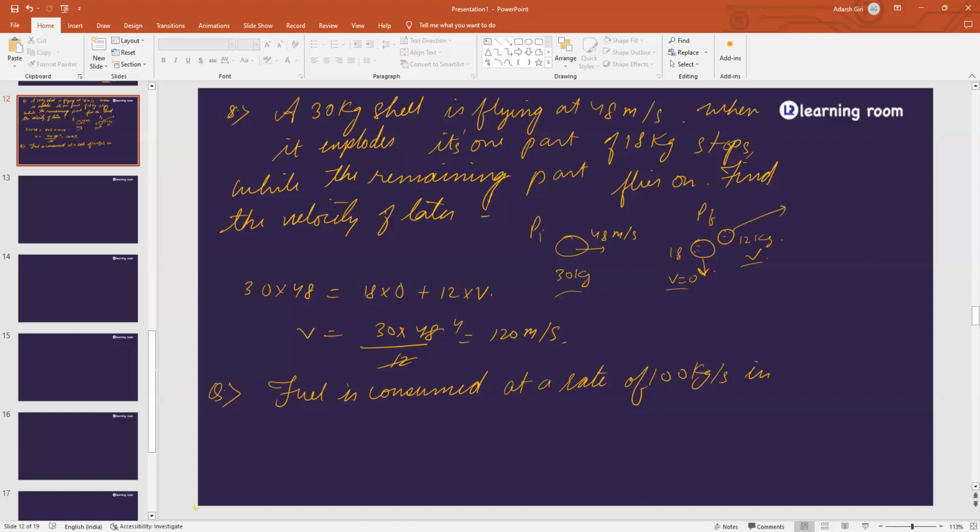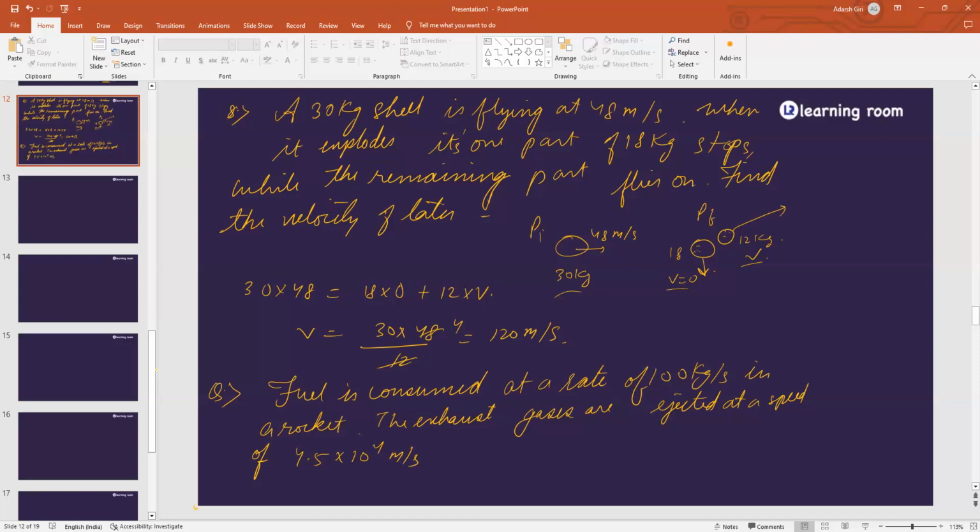The exhaust gases are ejected at a speed of 4.5 into 10 raised to the power 4 meters per second.